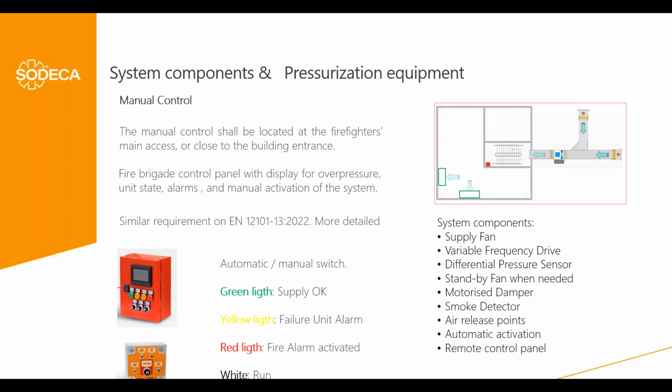There are different possibilities, but we have very simple systems with these 4 lights and with this main switch. But the main kit box PDS, that is the recommended system, also includes a touch screen with all the information of the system, where the fire brigade can read how the system is operating. They can read the level of overpressure. They can read if there is any presence of smoke in any inlet, etc.